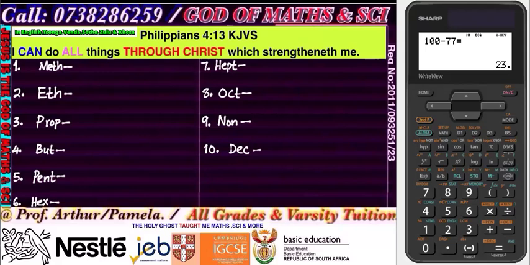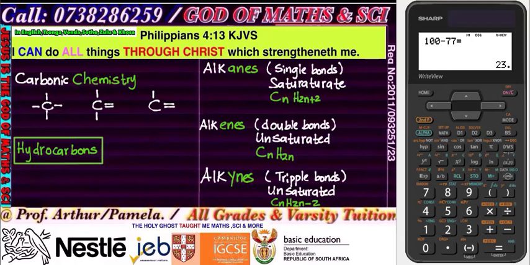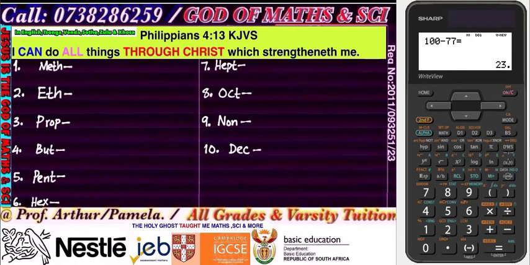Now, if I'm dealing with the alkanes, you see they end with ANE. So I'll put AN here. So it becomes methane, ethane, propane, butane, pentane, hexane, heptane, octane, nonane, decane. We good, right?